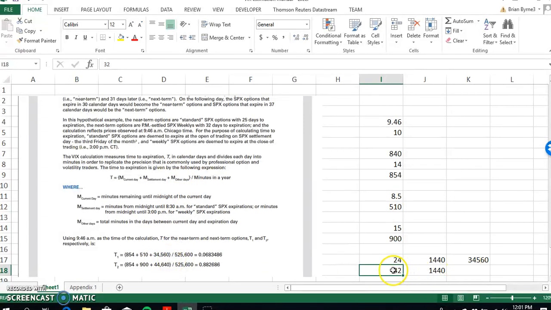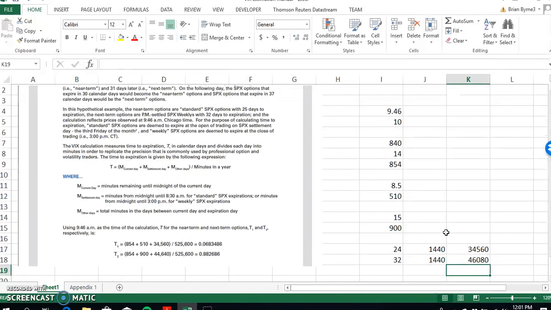Okay, likewise here for the longer dated contract, we are told that it's 32 days. Again, if we take that 32 and multiply by the 1,440 minutes in each day, that gives us 46,080.